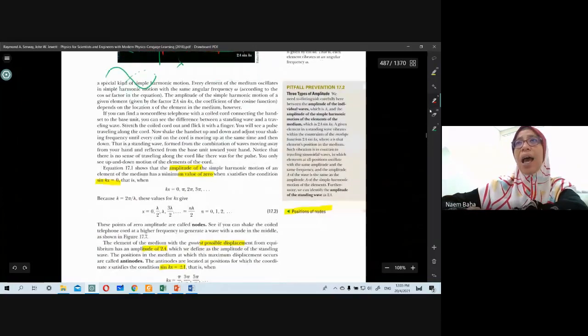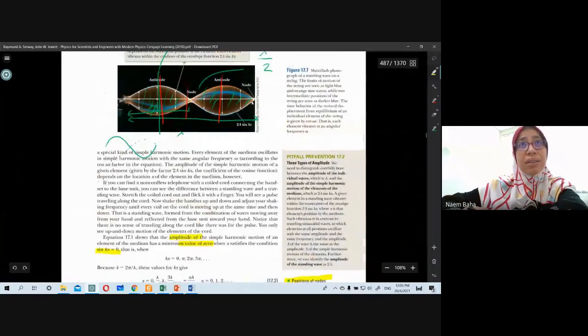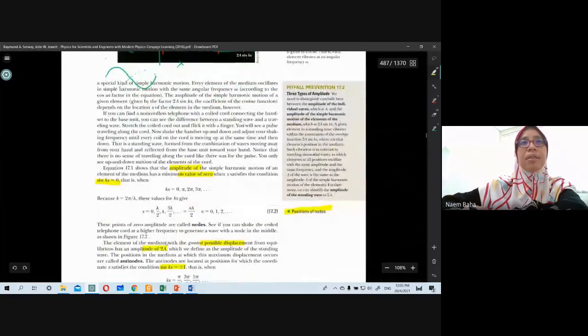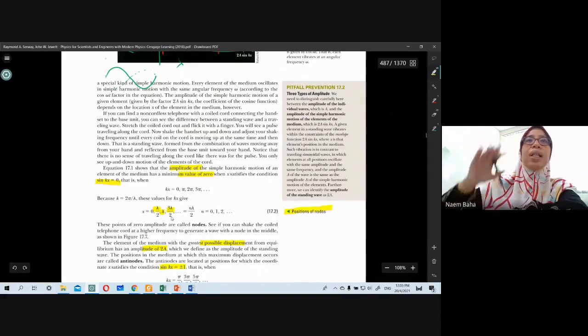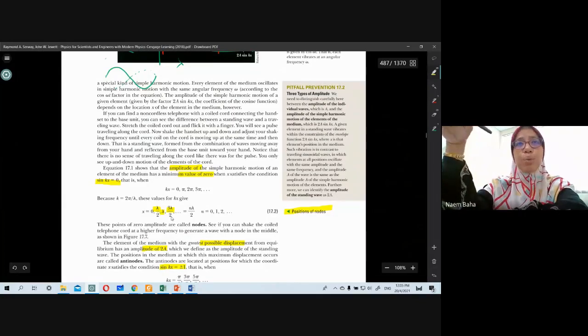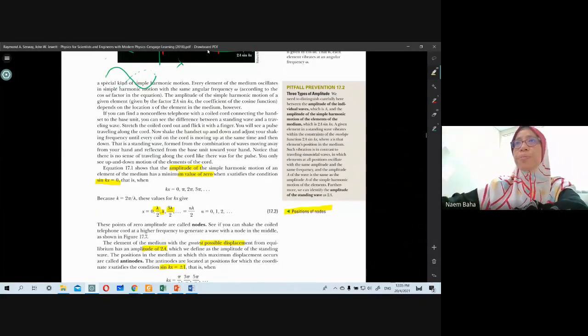And that's how it comes to this expression: where are the nodes? Nodes are at half of a lambda. Then it's here, another lambda. So it started here, and then another 3 lambda over 2. So it's always lambda divided by 2. Let me complete this so that you don't get confused.